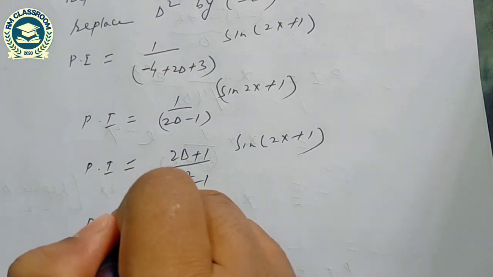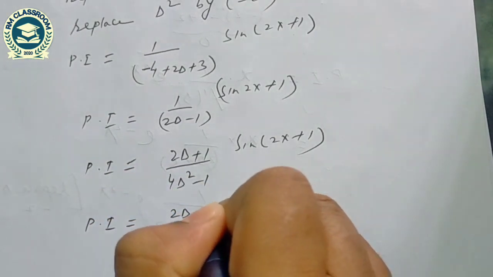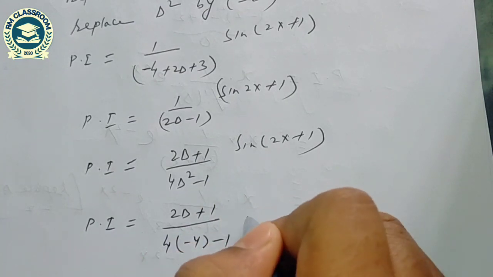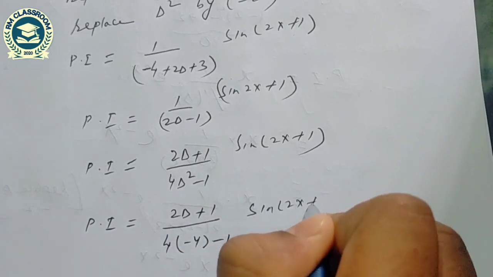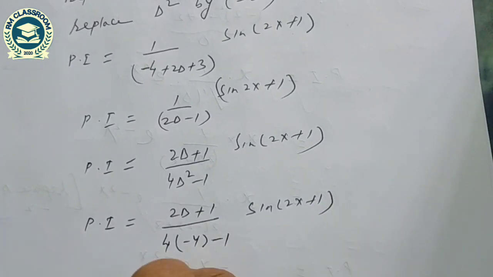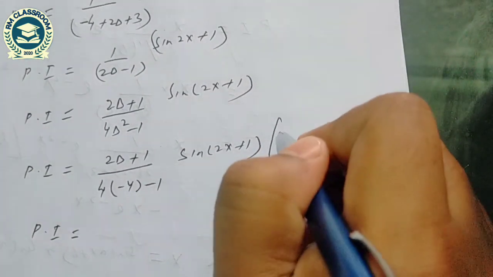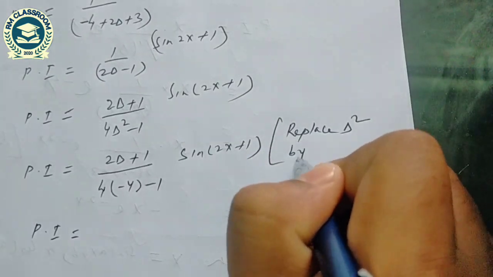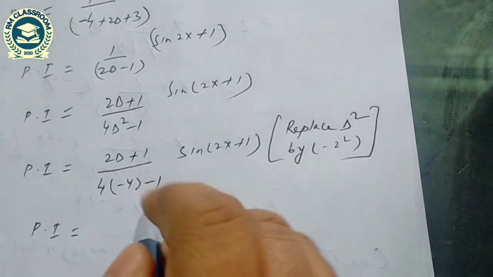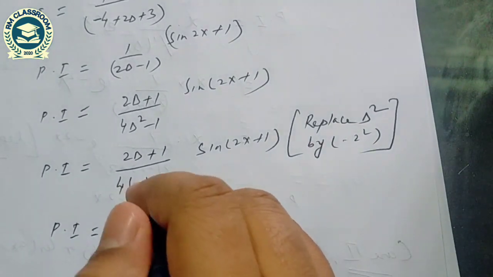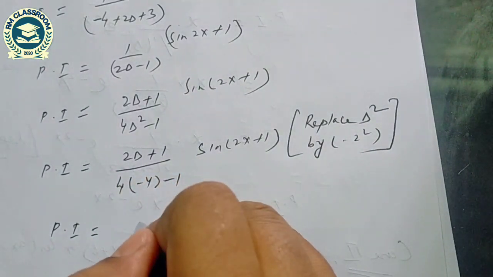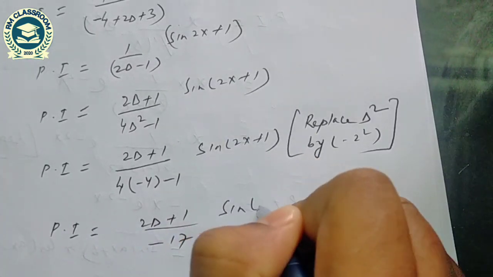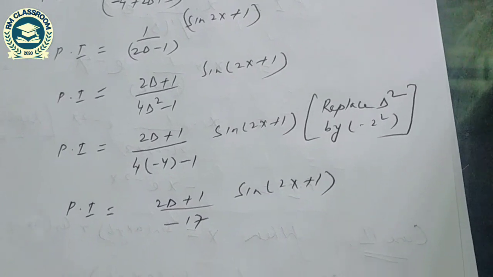So the particular integral is equal to (2D + 1) divided by (4 into -4 - 1) sin(2x + 1). Here I have replaced once again D² by -2². So the particular integral is (2D + 1) divided by -17 sin(2x + 1).